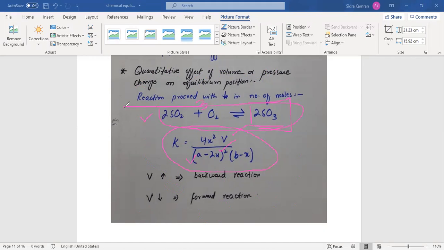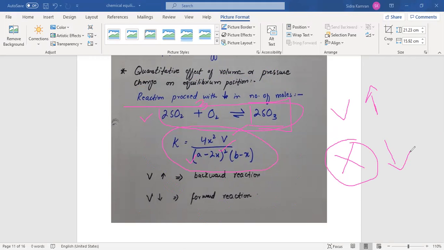Clear? So when volume is increased for this reaction, what will happen? X has to decrease. X is the amount which is used to make product at equilibrium. So if the volume is increased, X should decrease.